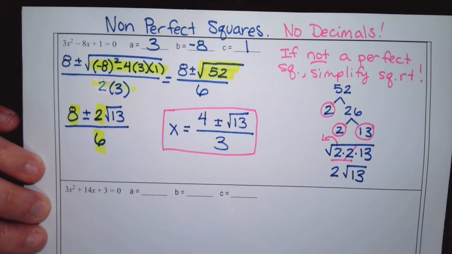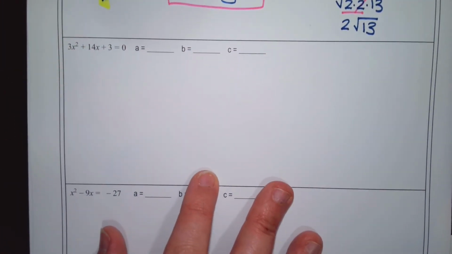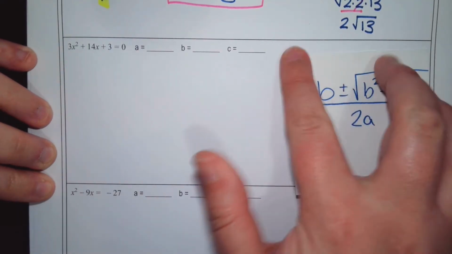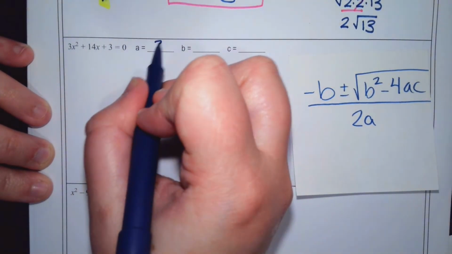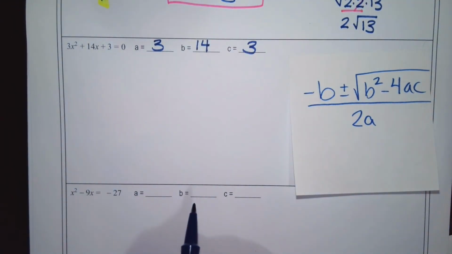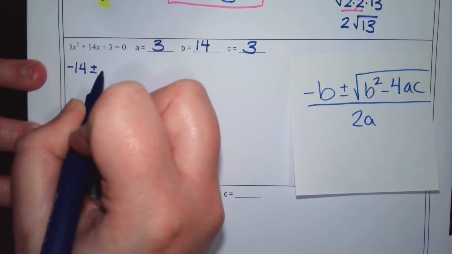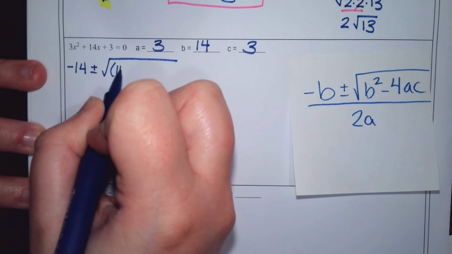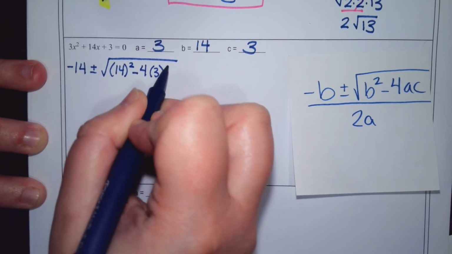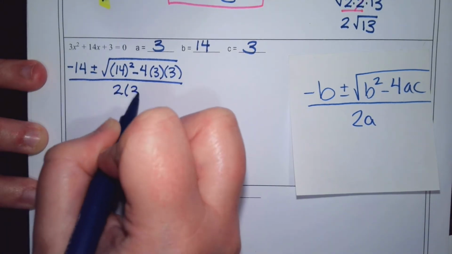Let's practice another one. 3x squared plus 14x plus 3 is equal to 0. So my a is 3, my b is 14, my c is 3. So we have negative 14 plus or minus the square root of 14 squared minus 4 times 3 times 3 all over 2 times 3.